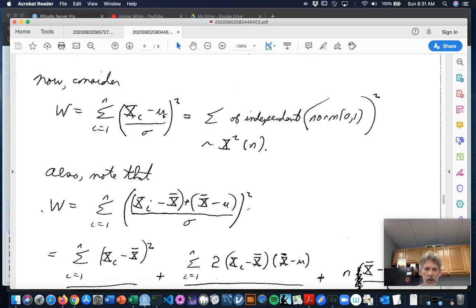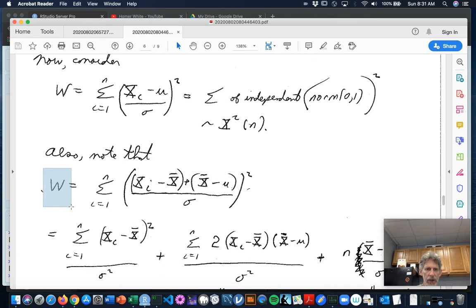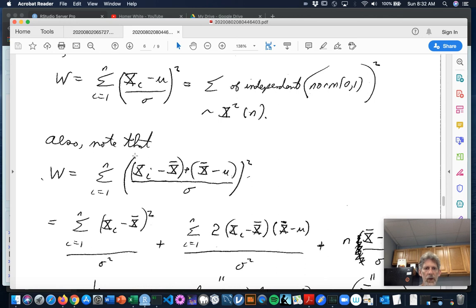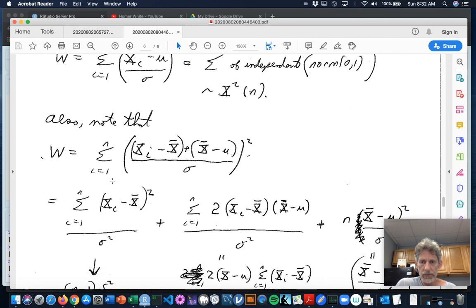So when I start with W, I'm going to see if I can work in an x bar. So I've got the sum from i equals 1 to n, but on the top of that fraction, I just do a minus x bar plus an x bar. So I'm not changing the quantity at all. And now I've got this fraction that I have to square out. I could just square out the top and square out the bottom, and add them all together. So what would happen when I do that?